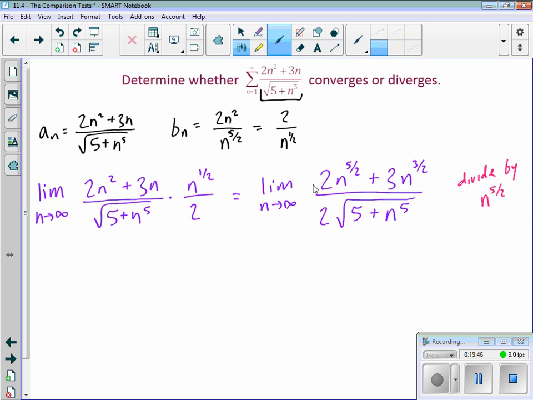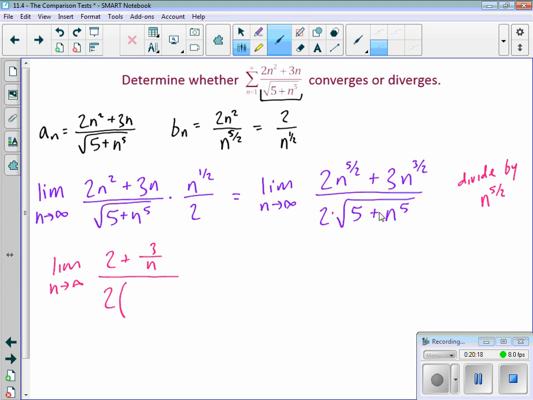If I divide this by n to the 5/2, I just get 2. And then this is going to be 3 over n, right? And then down here, we've got 2. And you're not dividing that by the 5/2 because this is times this part here. It's all kind of one piece together.